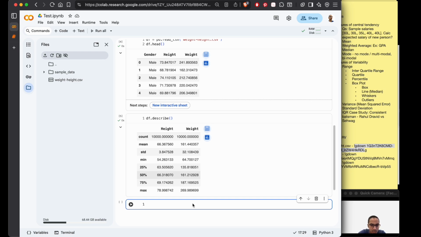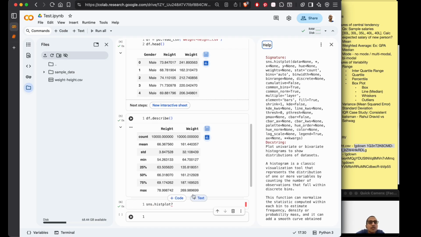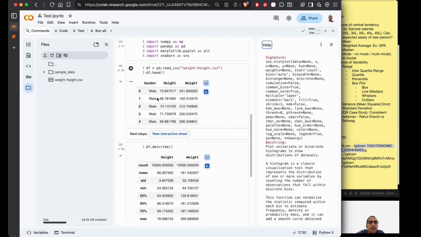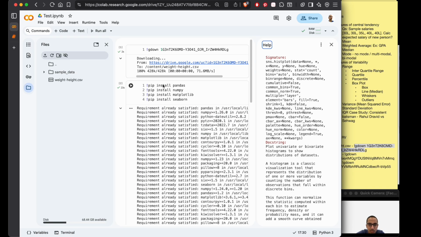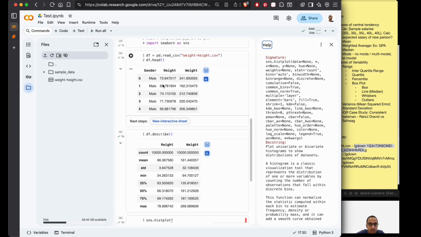No. We'll be doing the hist plot only. sns.histplot. Yeah, and by the way, we are focused on the heights. Let's look at the heights for now.